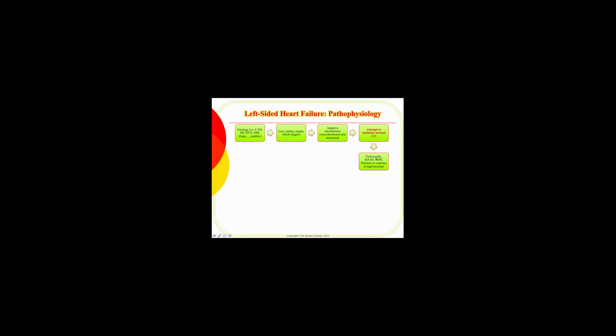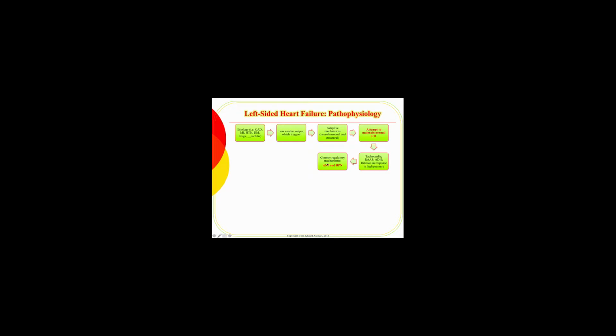Now, these mechanisms normally work. They attempt to maintain physiological stability. However, because the ventricles are sick already, or the left ventricle here, because there are cells that are already dead, the extra pressure that comes from tachycardia and from all this fluid reabsorption complicates the situation.